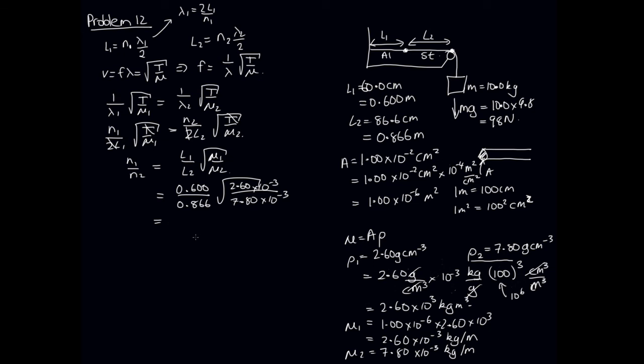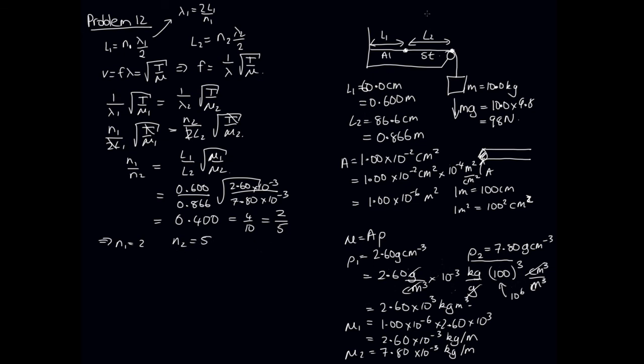And then we can solve this on the calculator, and we end up with 0.400. So N1 and N2 are integers, and this is equal to 4 over 10, which for the smallest integers that satisfy that are 2 over 5. So this tells us that N1 is equal to 2 and N2 is equal to 5.